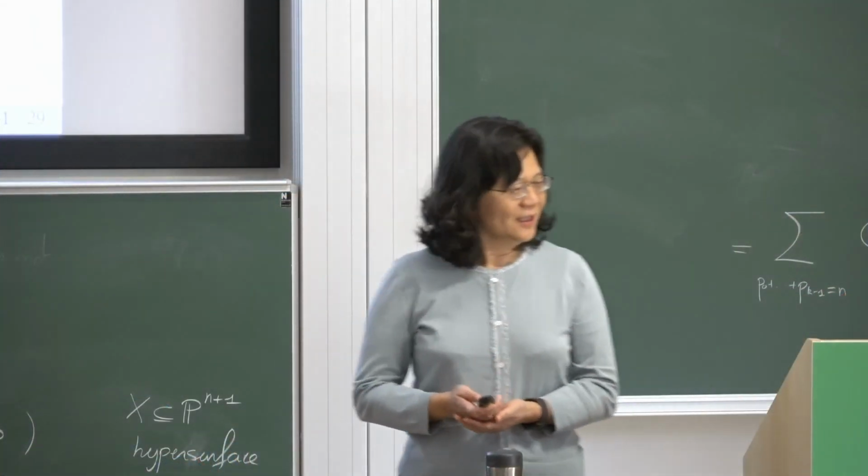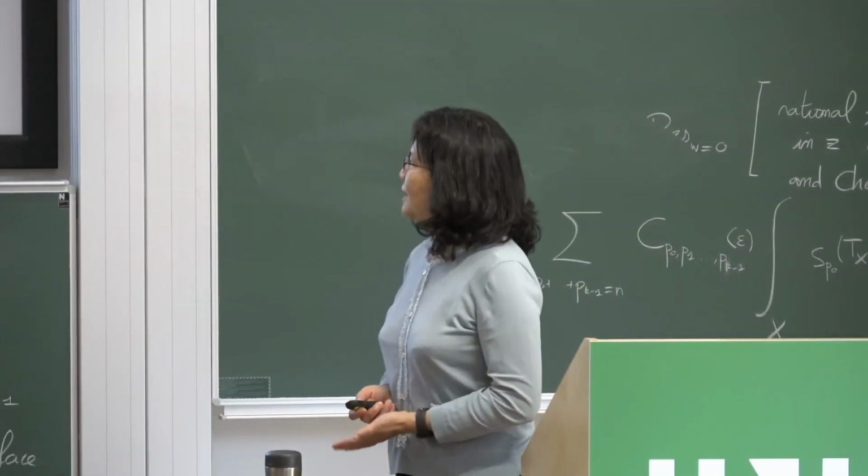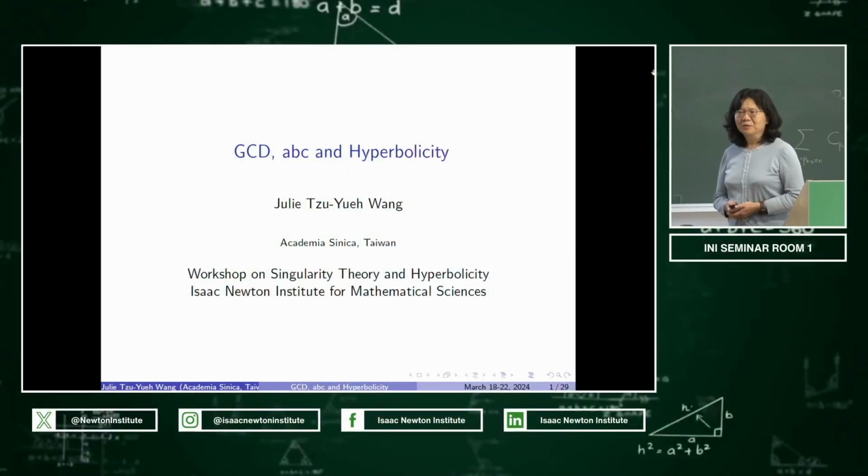So thank you. I will talk about GCD, ABC, and hyperbolicity. Since it's the last talk, everything will be very easy, and we can just enjoy it. Okay, nothing technical.